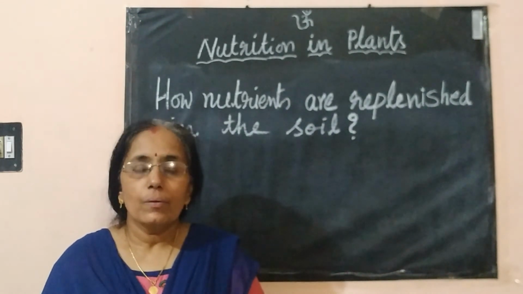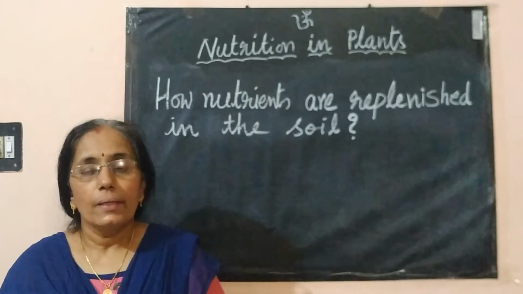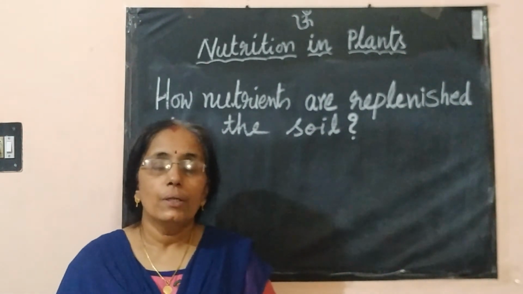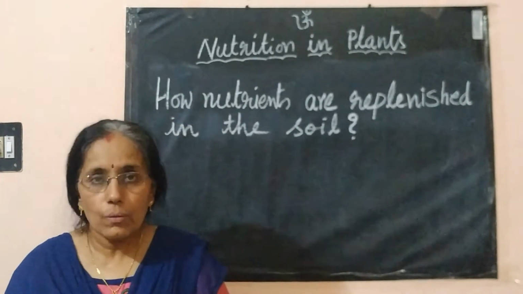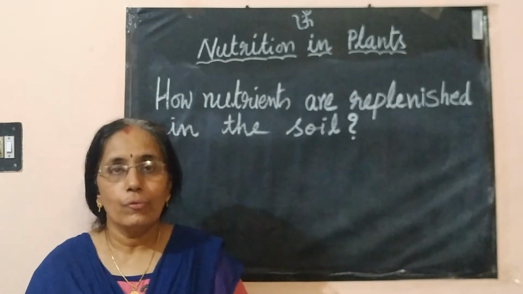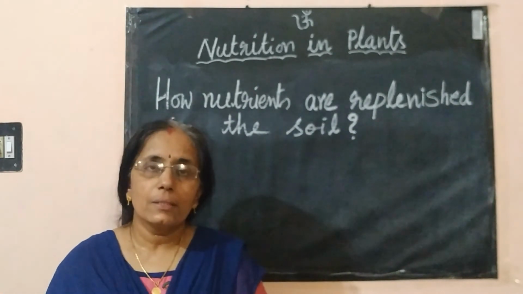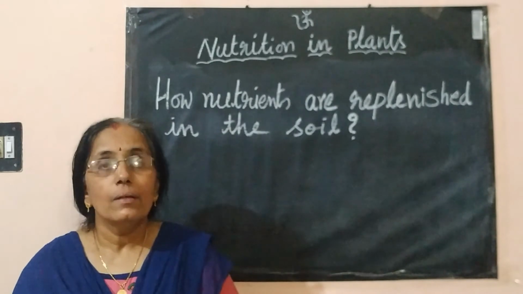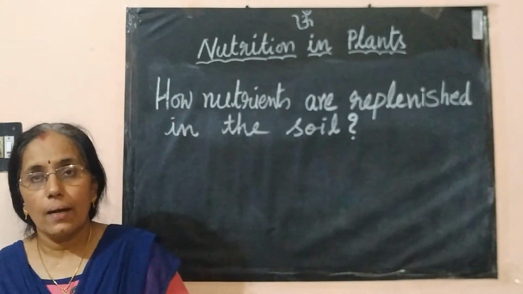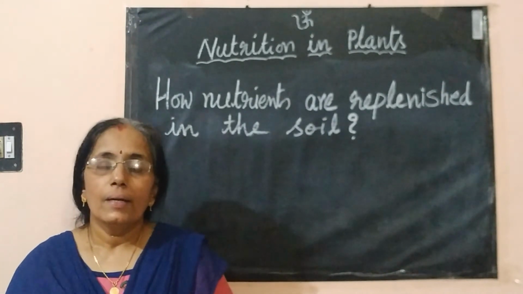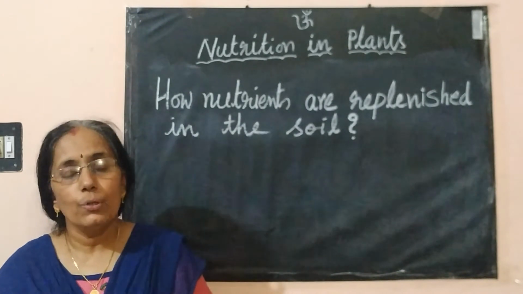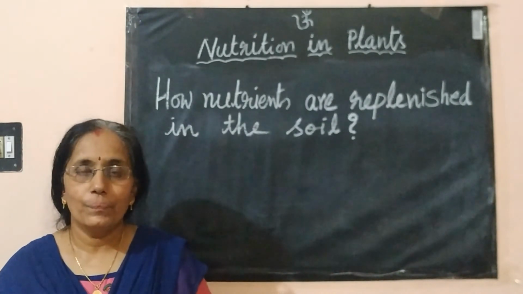Some bacteria called rhizobium have got the ability to convert gaseous nitrogen into soluble nitrogenous compounds, but they cannot make their own food. So these bacteria live in the roots of plants like peas, beans, grams, etc. And they can convert the atmospheric nitrogen into soluble nitrogenous compounds.